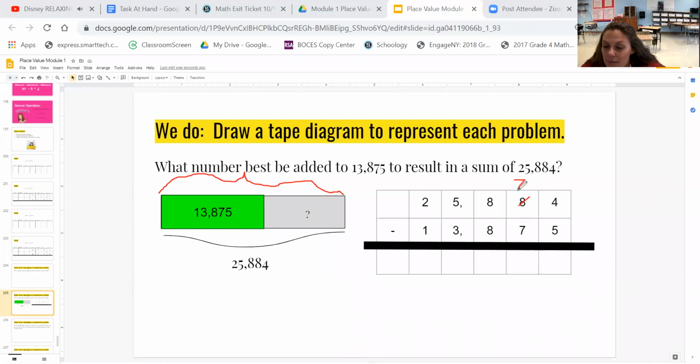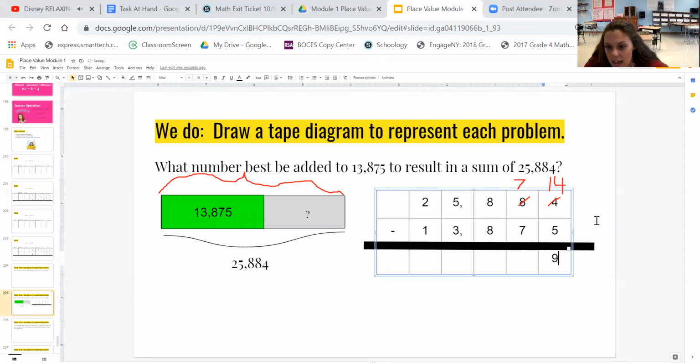I'm going to take 1 set of 10 away. When I take that 1 set of 10 away, I'm going to give it to the ones place. So 10 plus 4 is 14. Now I can definitely subtract that 14 minus 5, giving me a difference of 9.